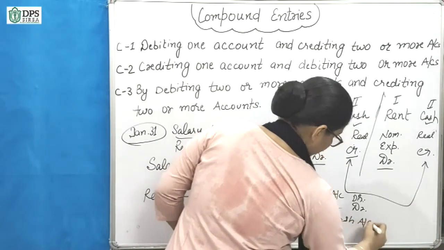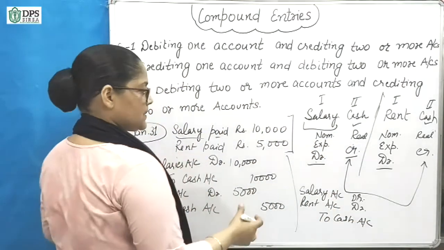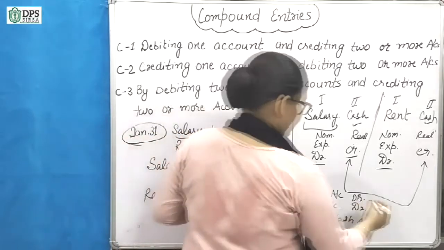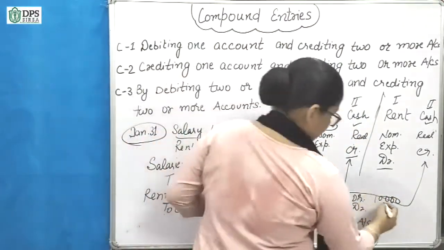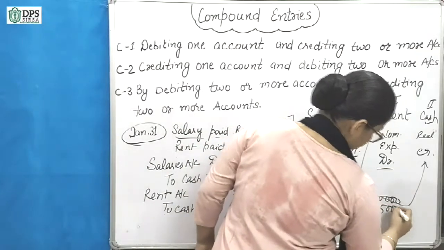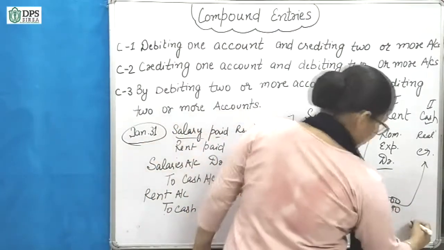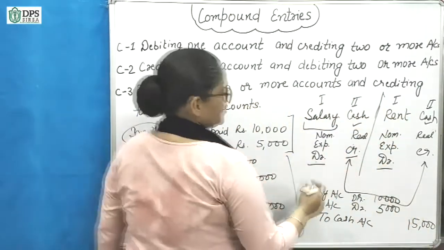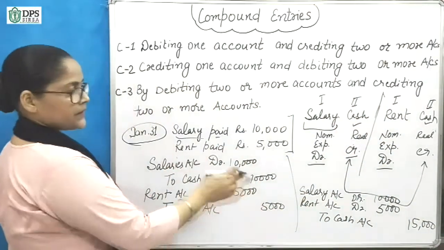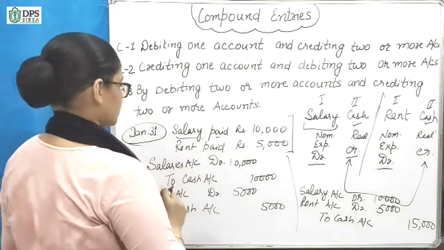So now the question is what is the amount we will write? In salary we will write 10,000. In rent we will write 5,000, and in cash, because cash is going out and cash is going 15,000, so we will write 15,000 over there.